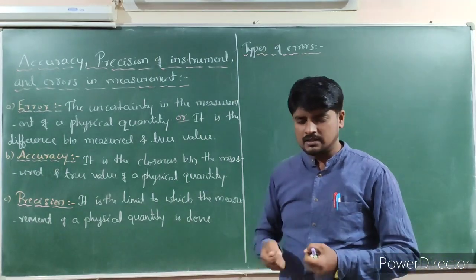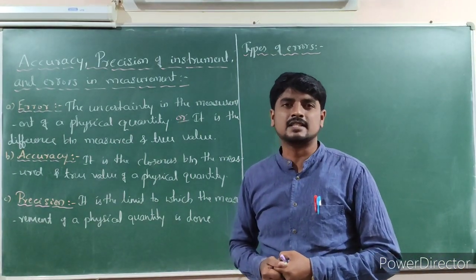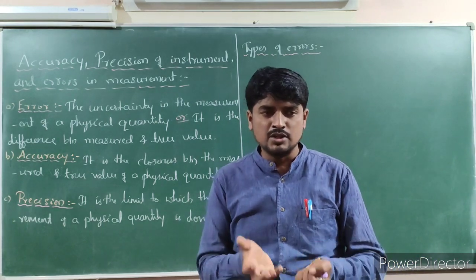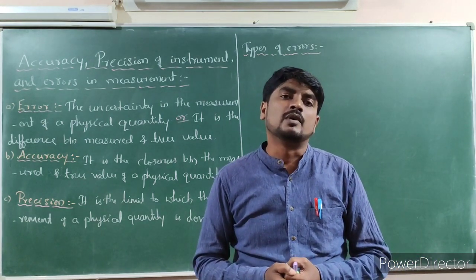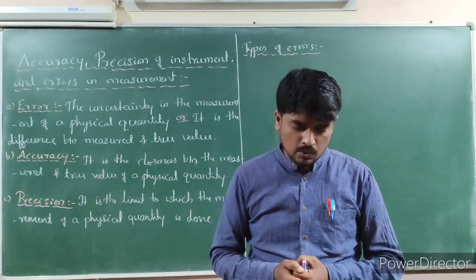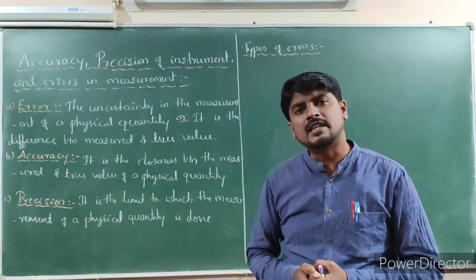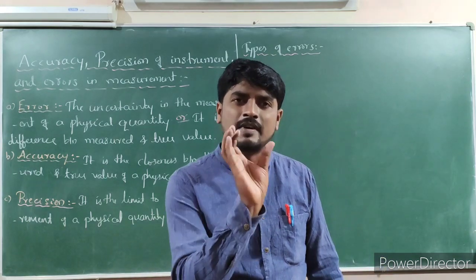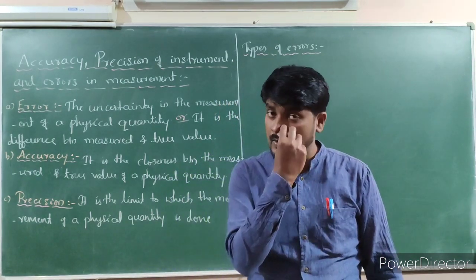Error means, even you would have experienced in your mathematics class when you are learning geometry. Suppose a mathematics teacher says to you, draw a circle of 5 centimeter radius, then what you will do?